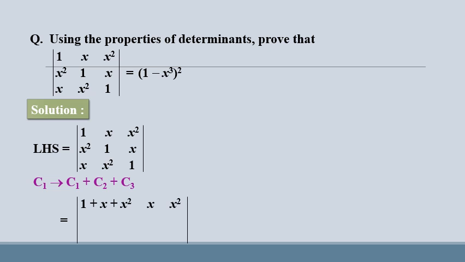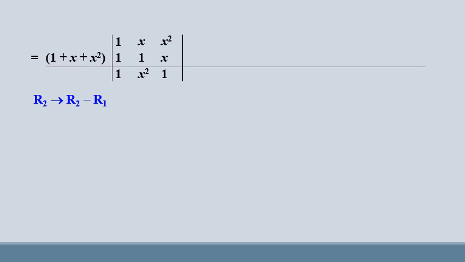So we get 1 plus x plus x square in each element of the first column. Taking out 1 plus x plus x square from the first column, we get 1, 1, 1; x, 1, x square; x square, x, 1.